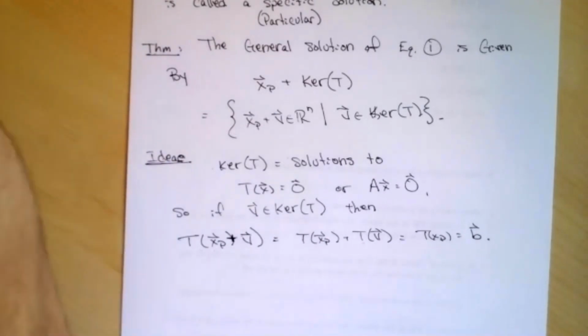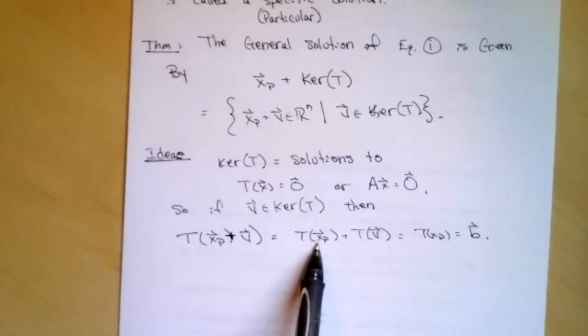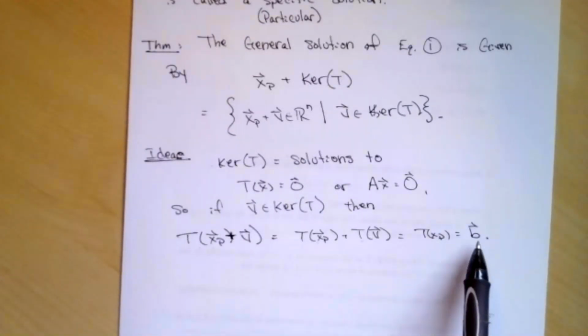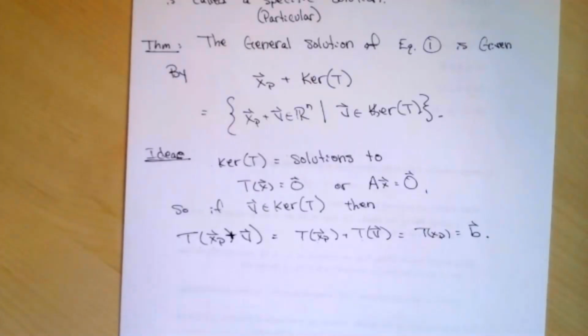So adding on anything in the kernel, once we apply the linear transformation, it's essentially going to be killed off because it's part of the kernel. And so whatever initial solution or specific solution we found will still map to the specific vector, to the specific solution.